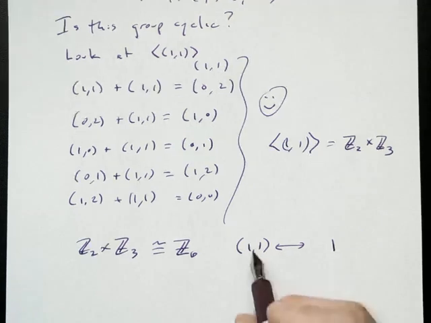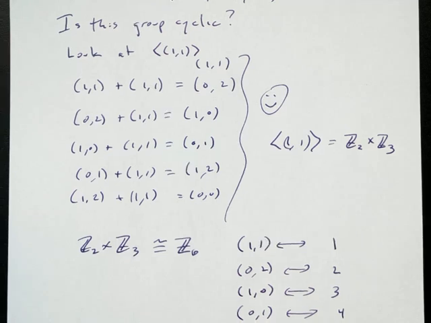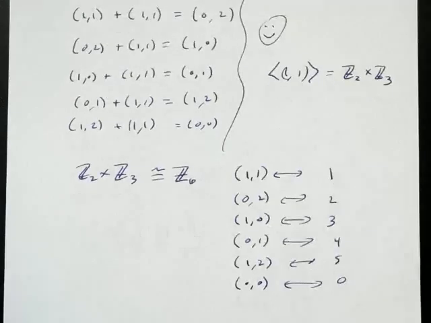When I add this to itself, I get 0, 2. When I add this to itself, I get 2. When I add this to 1, 1, notice the identity mapped to the identity.